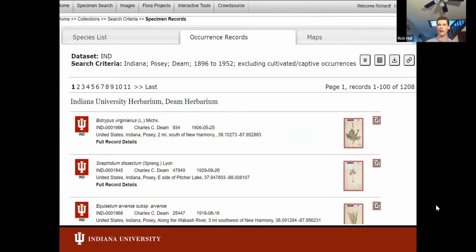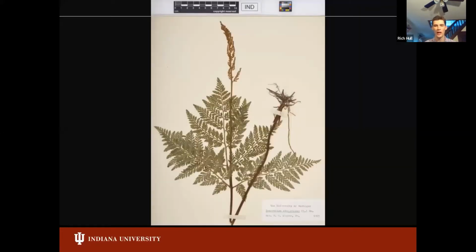So here we have just over 1,200 specimens actually collected that fit that search query. So here we have up top Botrypus virginianus. And you'll notice there's some general data here, and there's a digitized specimen there. If you click on that image, it will bring up the complete digitized specimen.